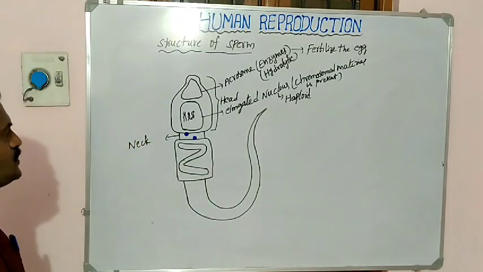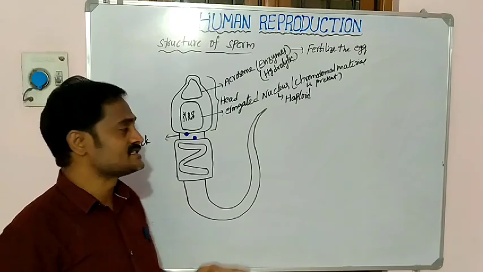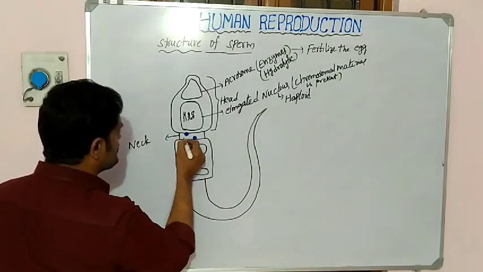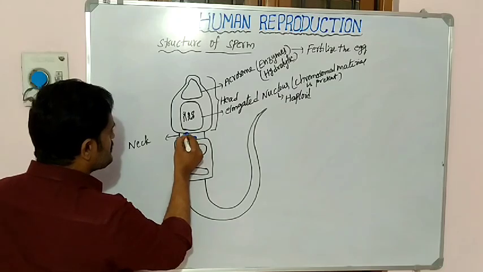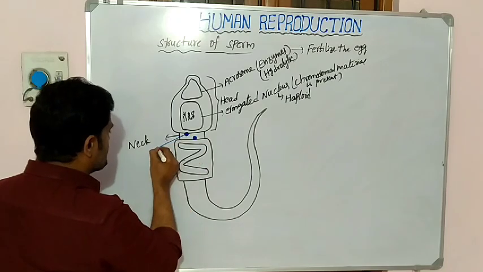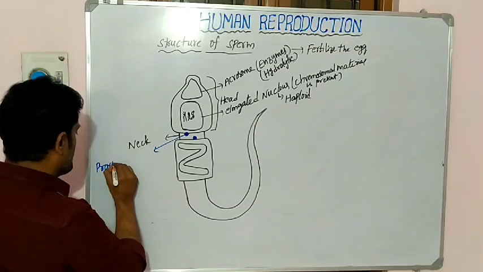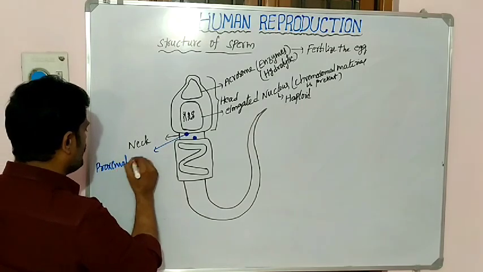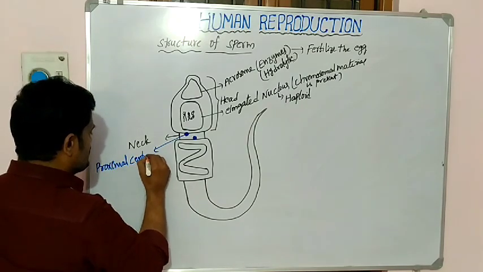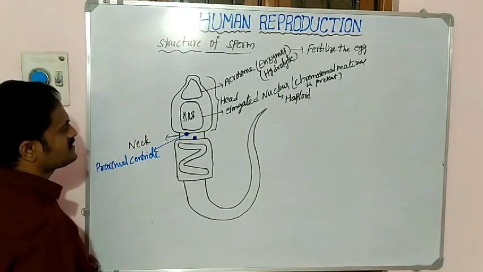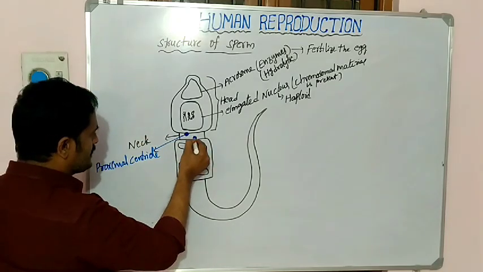This centriole is called the proximal centriole, and below the proximal centriole, one more centriole is there.